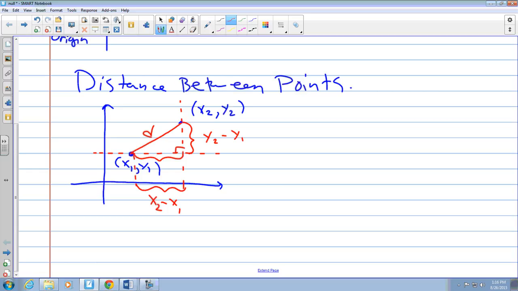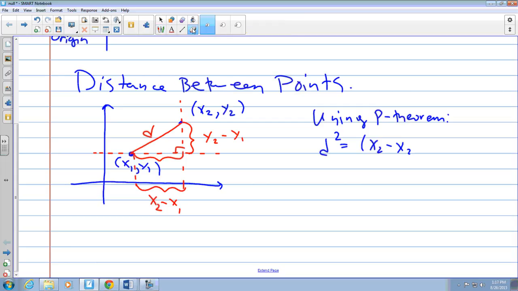So therefore, by the Pythagorean theorem, we know that the hypotenuse squared equals the sum of the squares of both legs. We get that out of the Pythagorean theorem: one side squared equals the other side squared plus the other side squared. And so for d, we're just going to take the square root.